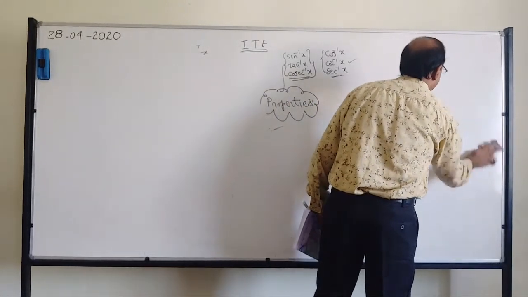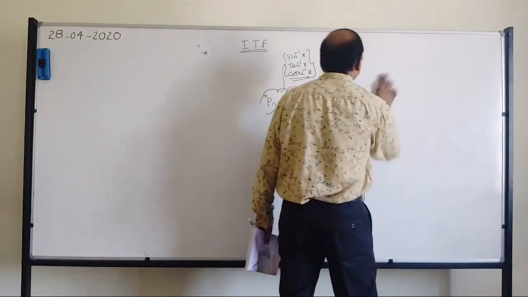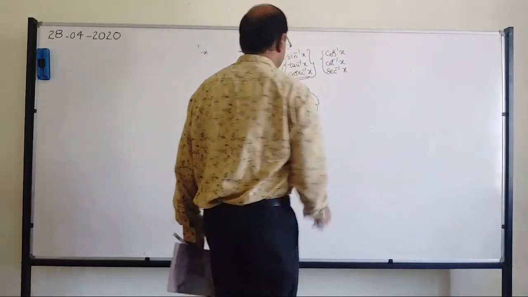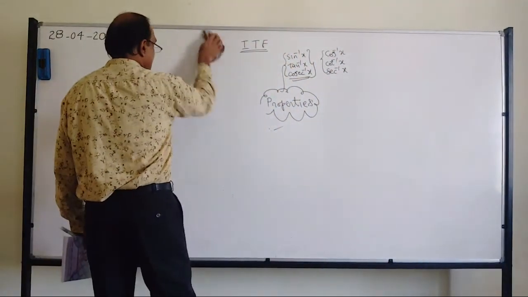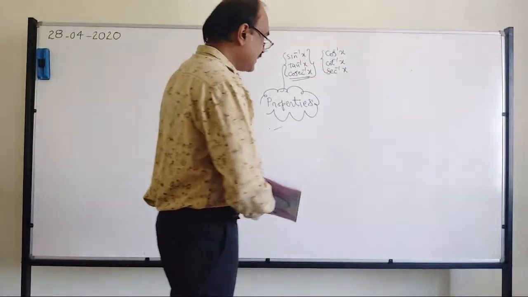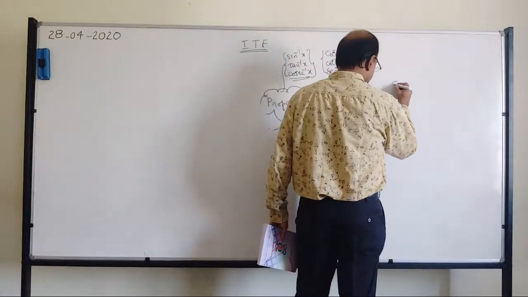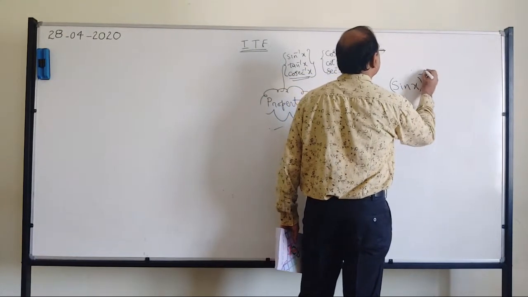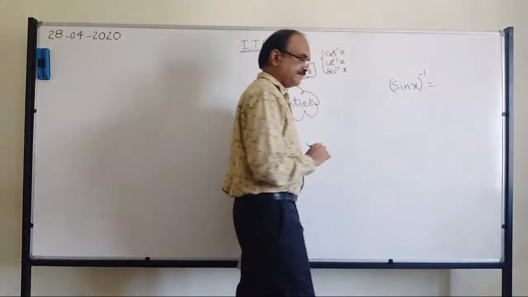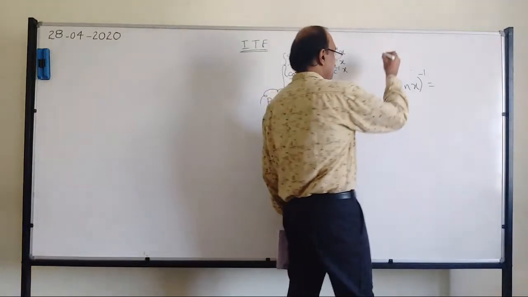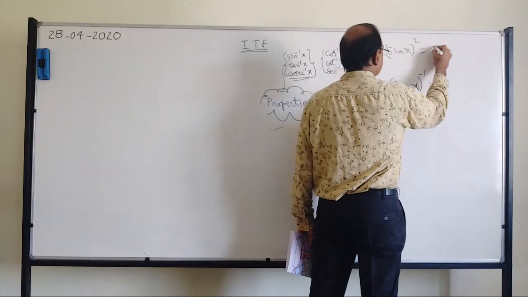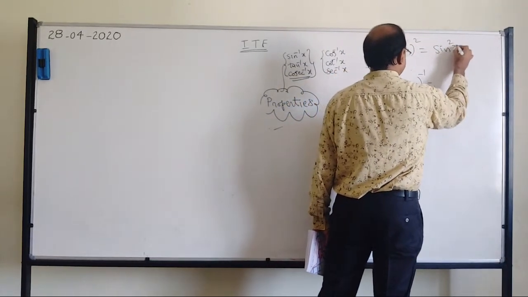Now let us go to one thing I want you people to know: please have clarity between these symbols. Many people get confused with the symbols. Suppose I write sin x whole to the power -1, what is this? Generally, if you have sin x whole square, you write sin square x, isn't it?